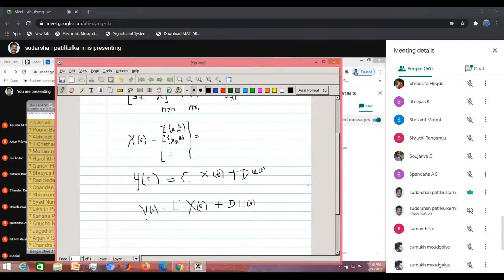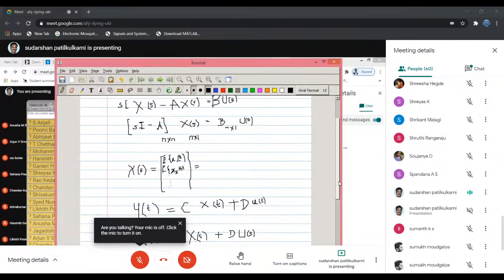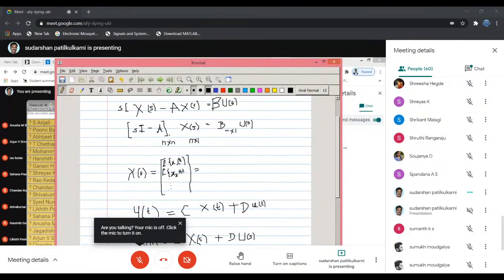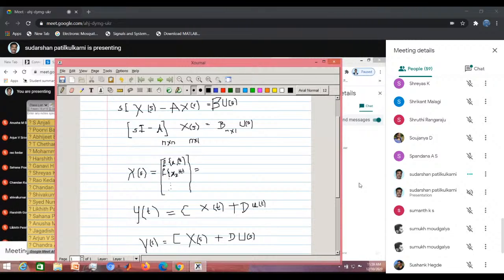So we need to express it in terms of u of s. So what is x of s from the previous equation? We need to pre-multiply this equation by sI minus A inverse. Okay, so this is a matrix equation. You cannot simply do a division. Simple division is not allowed. You need to pre-multiply by sI minus A inverse.